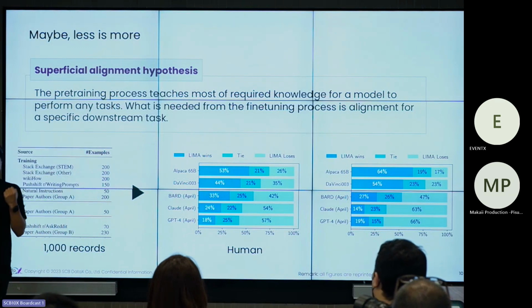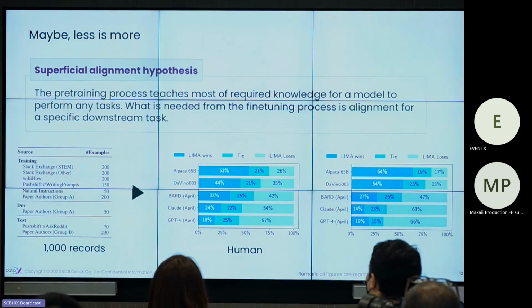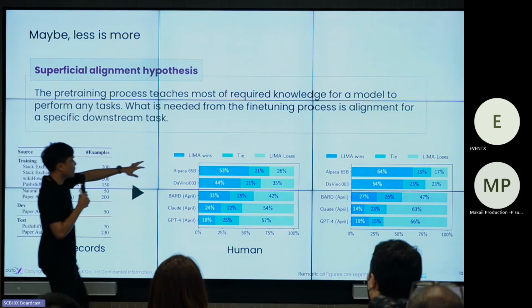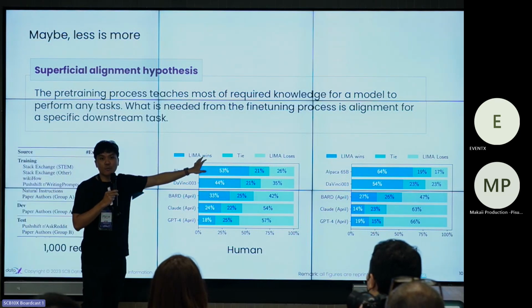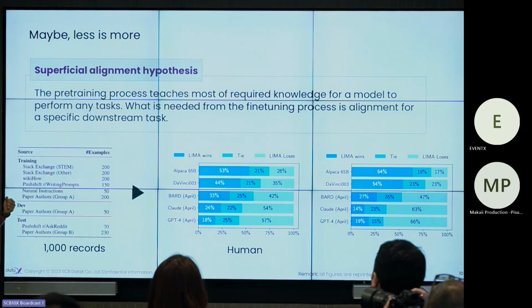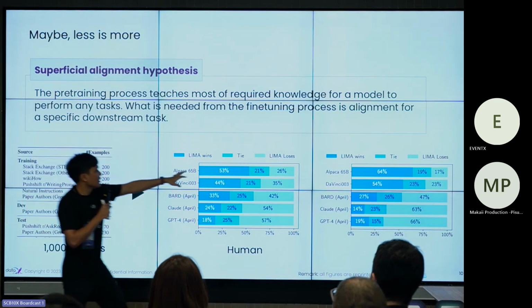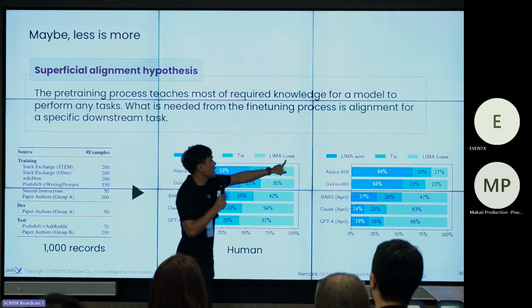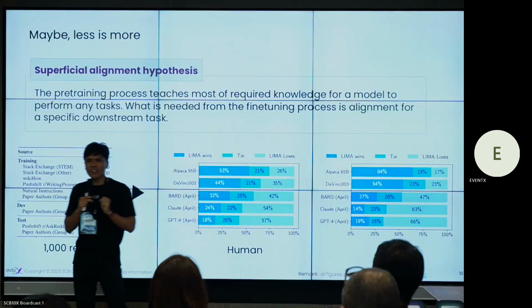If the evaluator prefers the response of LIMA, it is represented as LIMA wins, with the darkest blue. If the annotator cannot discriminate between the two responses, it's a tie. Otherwise, LIMA loses.